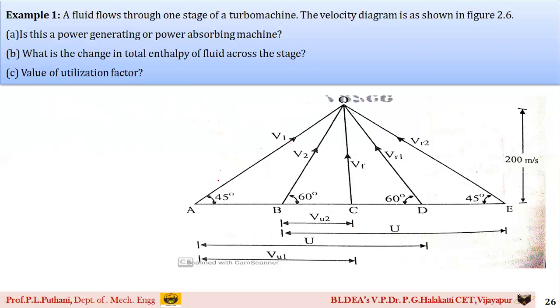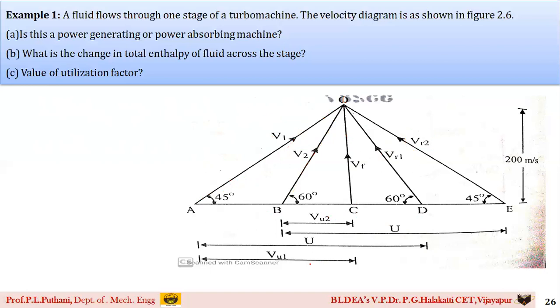If you divide this velocity triangle into two equal parts and find the properties on one side, that is V1, the VR2 value is automatically calculated. If I find V2, the VR1 value is also calculated. Similarly, if I find the value of VU2 on this side, it is the same on the other side because they subtend the same angle, and you will get the value of VU1 also.